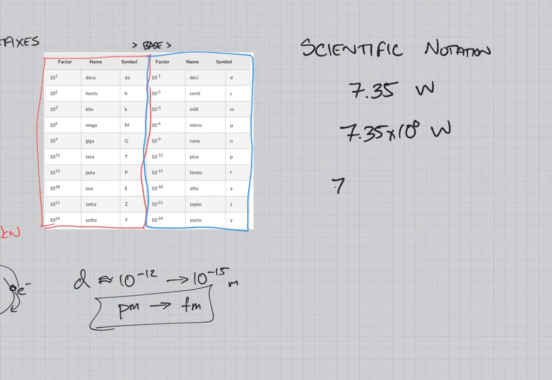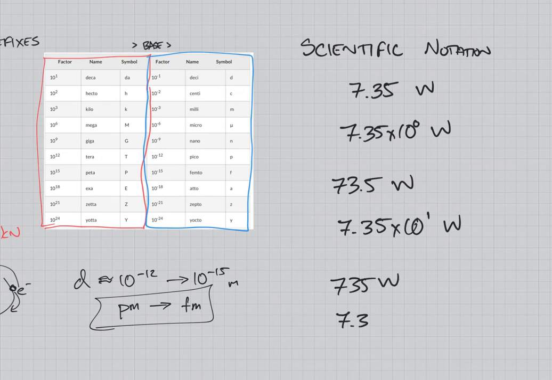Or if we were to have 73.5 watts, we would write that as 7.35 times 10 to the 1 watts. Whereas if we had 735 watts, we would write that as 7.35 times 10 to the 2 watts, okay?